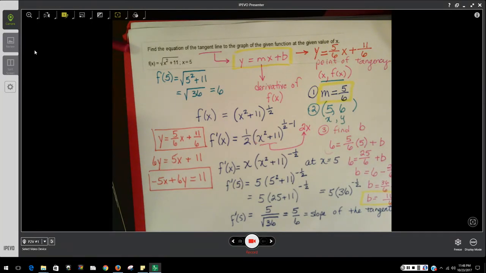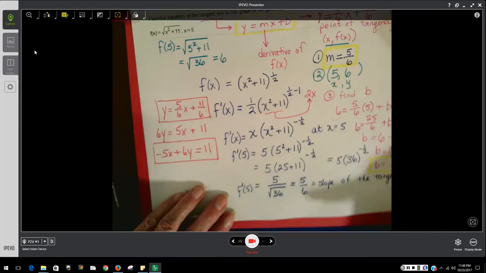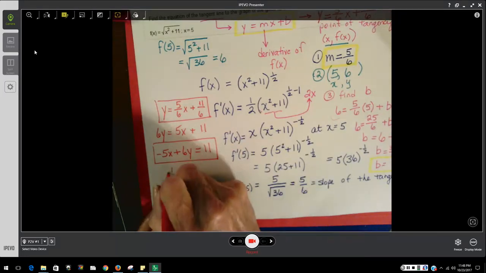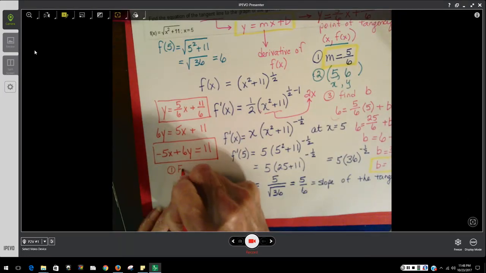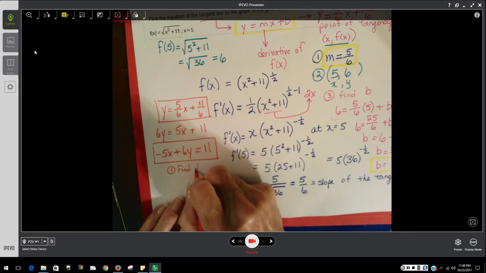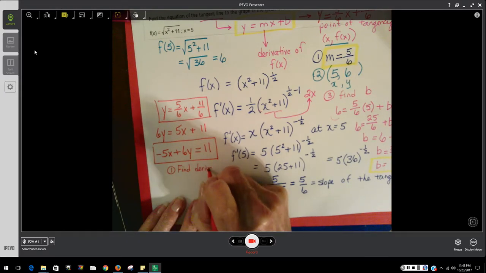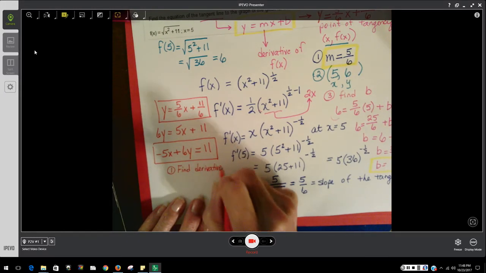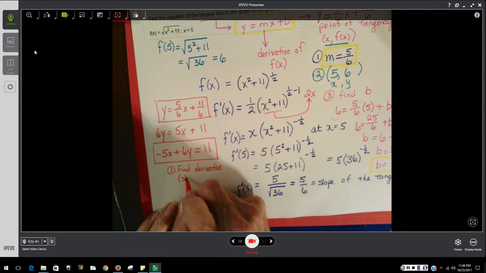And that's the process that you'll always follow to find the equation of a tangent line at any given value of x for any kind of a function. Your first step is always going to be 1, find the derivative, because that's the slope of your tangent.